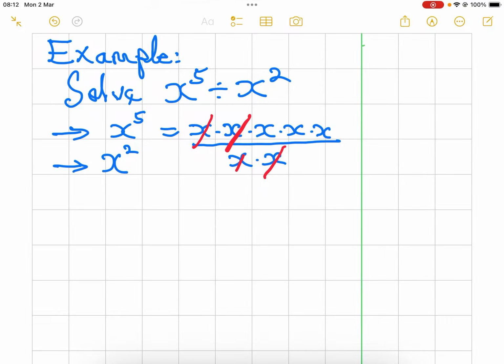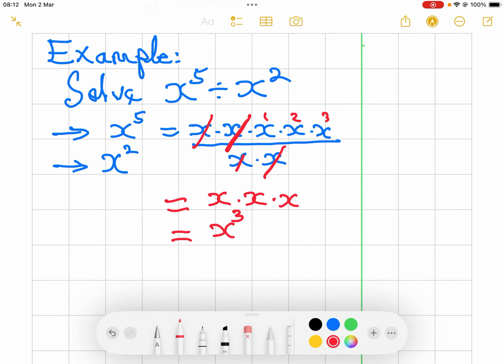This cancels this, and this cancels this. So we will have 1, 2, 3 left, x times x times x, which is x raised to power 3.